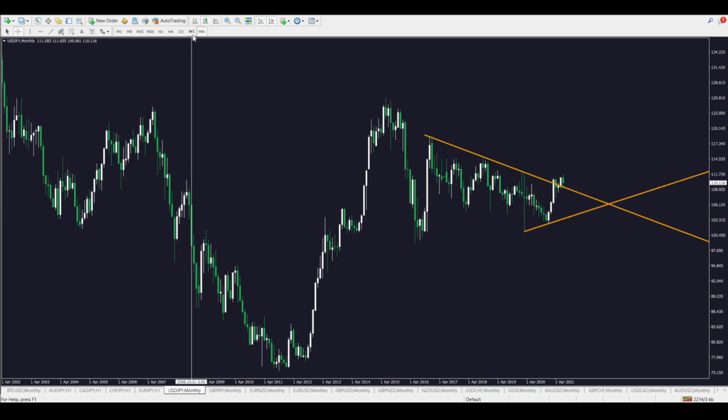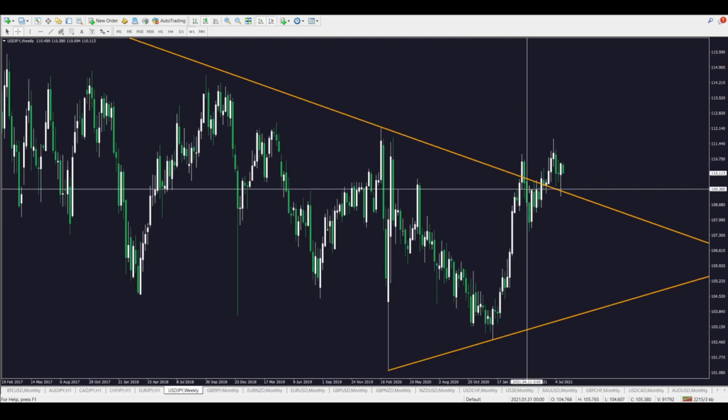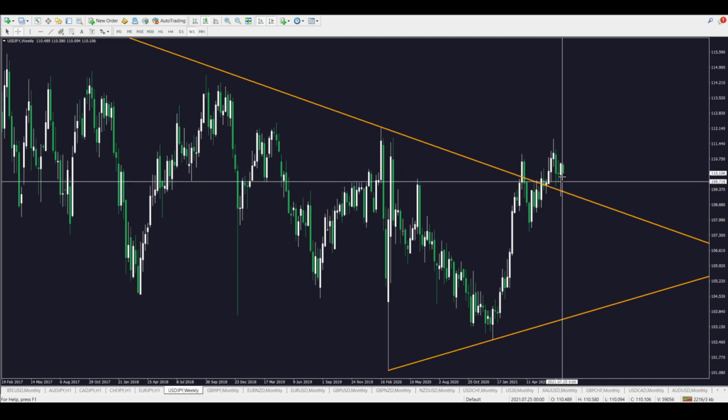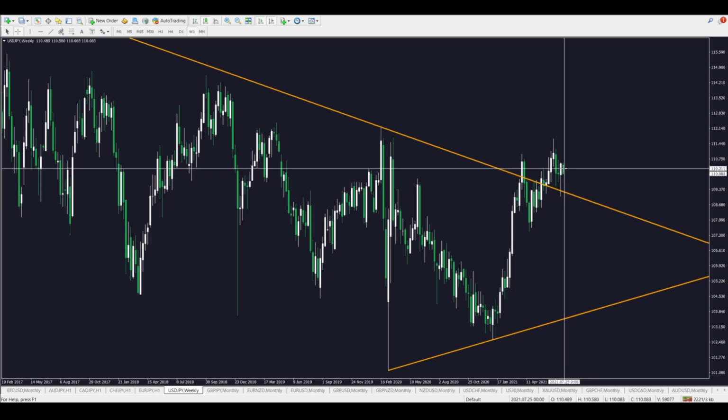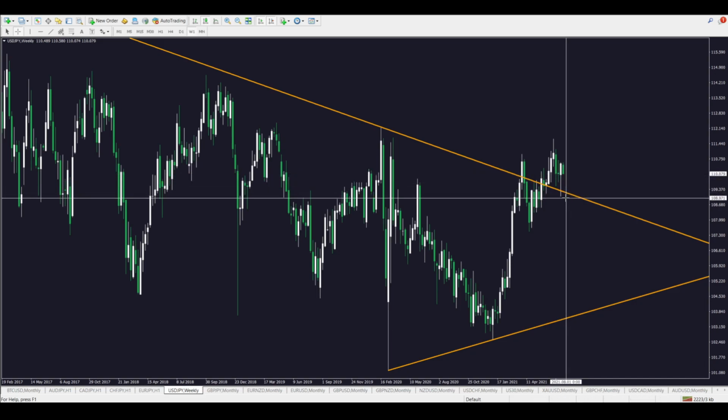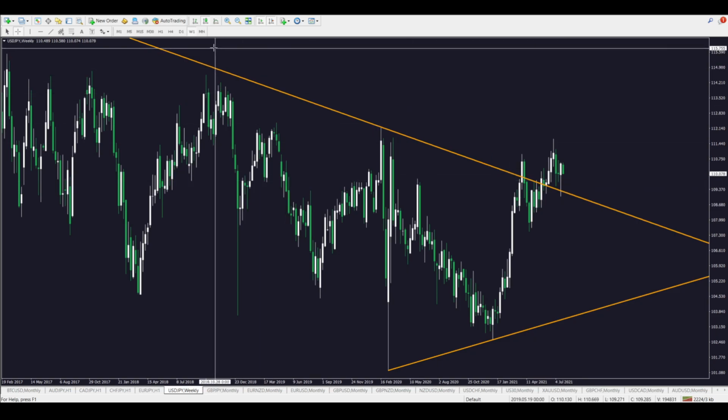So I'm bullish on the monthly. And on the weekly, I'm also bullish based on this. As long as this hammer stays intact, so as long as it's not wiped out by a break below this here, my bias will be bullish.